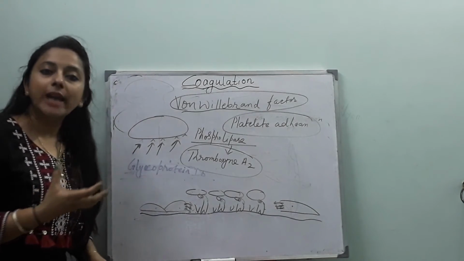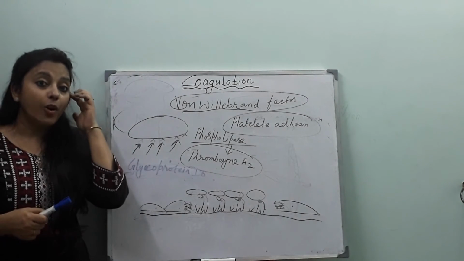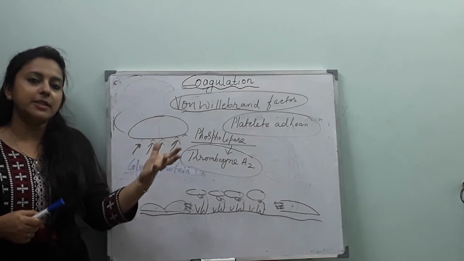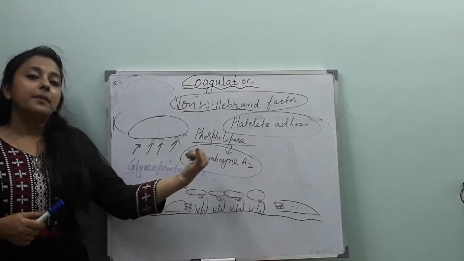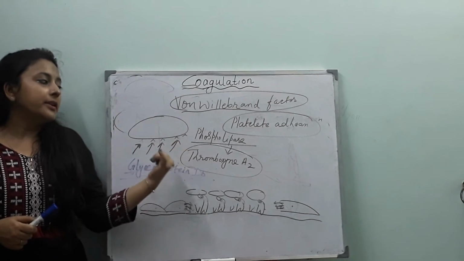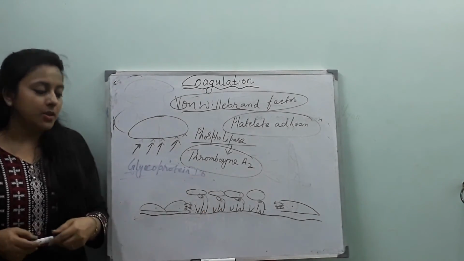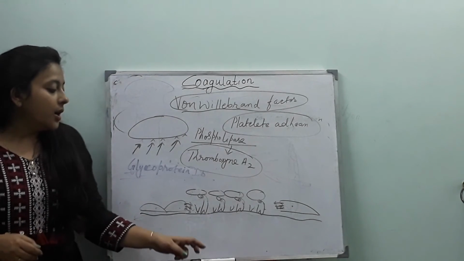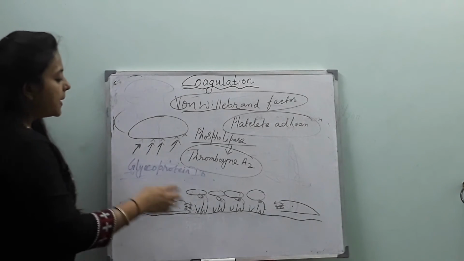Some people do not have glycoprotein in their platelets, and they have a platelet deficiency disease, but they have platelets inside their blood without receptors. So their platelets won't be able to plug around the damaged part. Now we'll discuss some more chemicals released from the platelets.